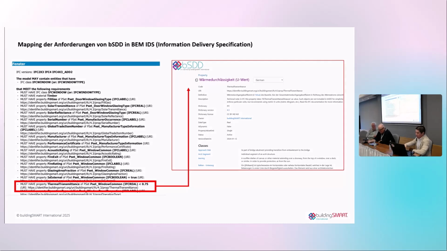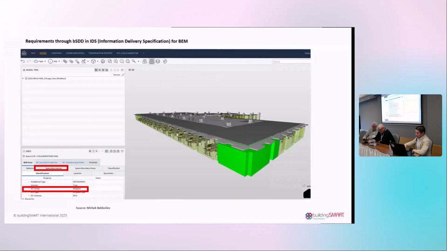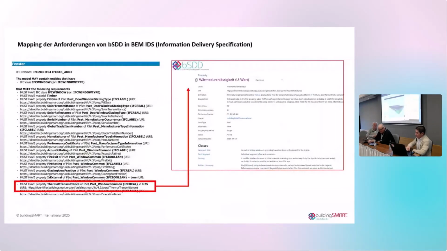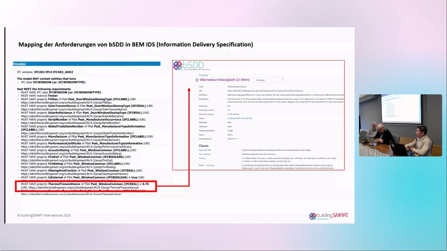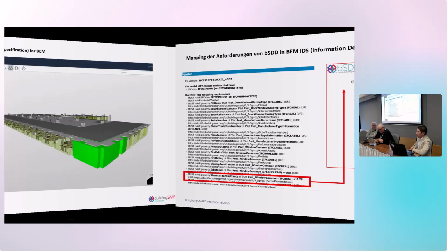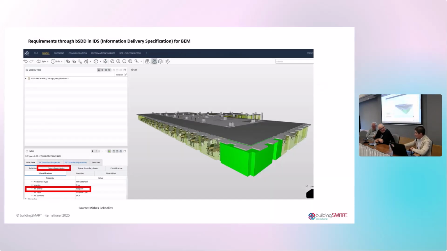And thermal conductivity. We had the requirement that the client wanted to have the passive house standard, and the passive house standard means the thermal conductivity for windows should be approximately not less than 0.75. So we have to reach that, or at least check the database of passive house certified windows in that area.